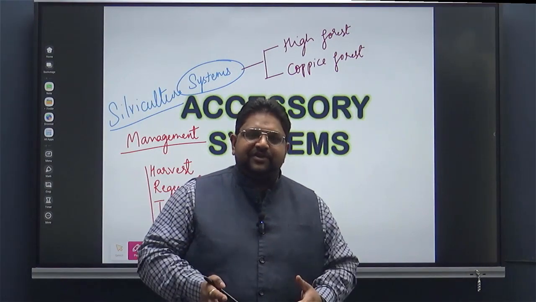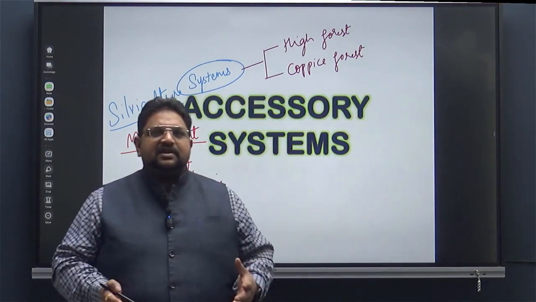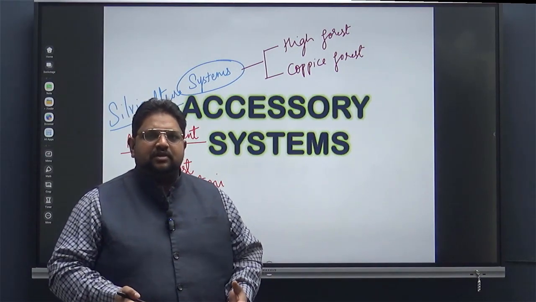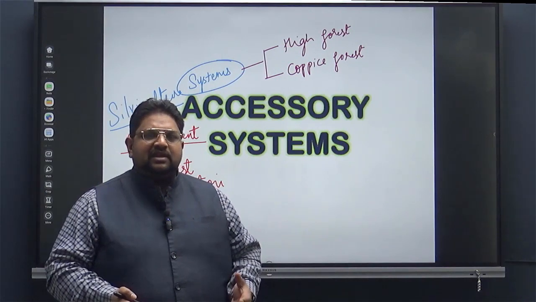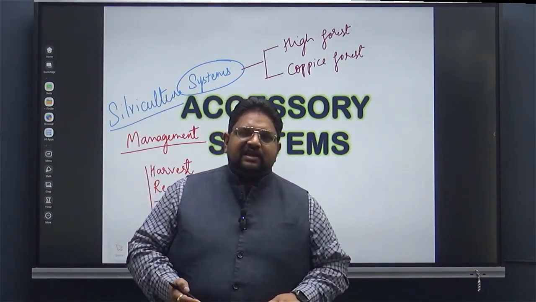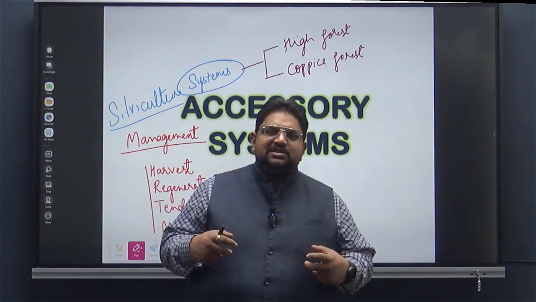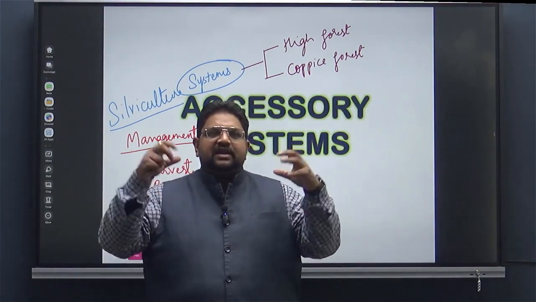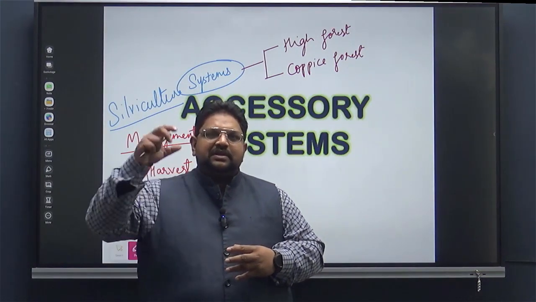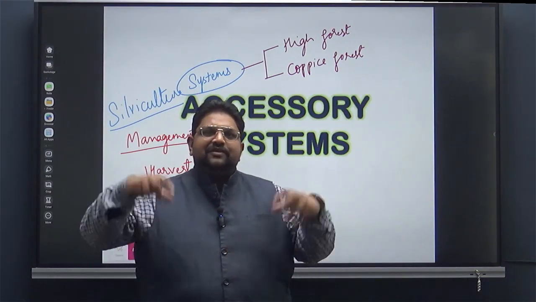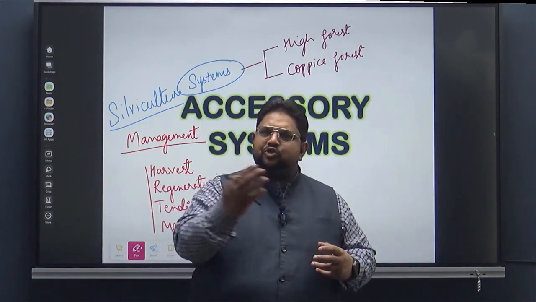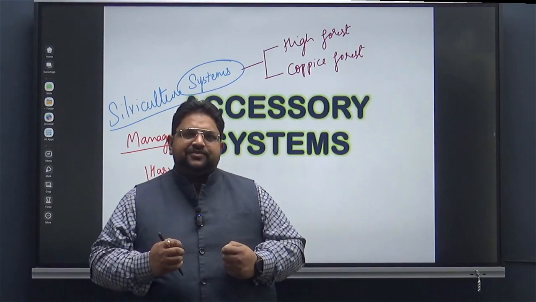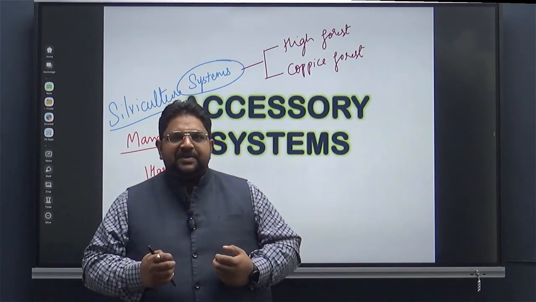Then there are coppice forest systems. Coppice is a very old, ancient technique which has been followed in India for a very long time. Wherein if you cut down a tree at ground level, then the lateral buds present at the base of the tree will start emerging as individual branches, and they will grow individually, and there will be many small stems arising from the base of the stem, and that is called coppice.